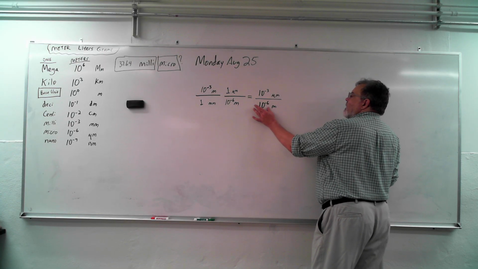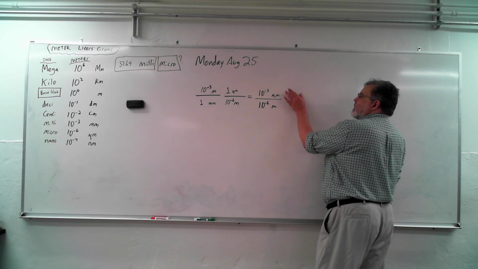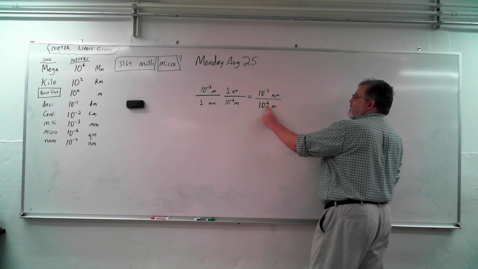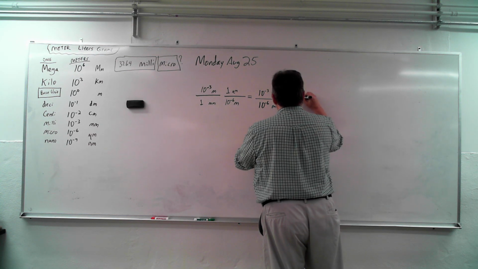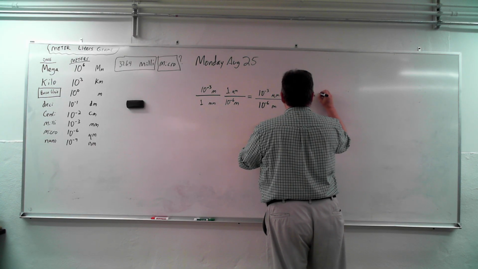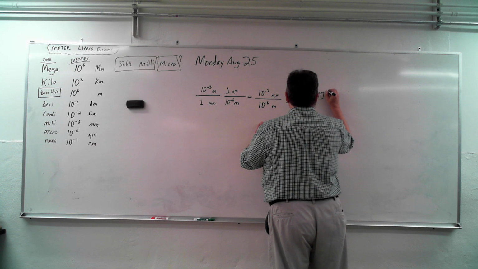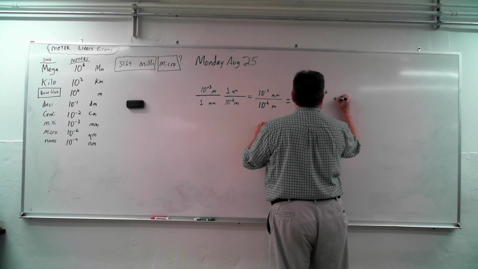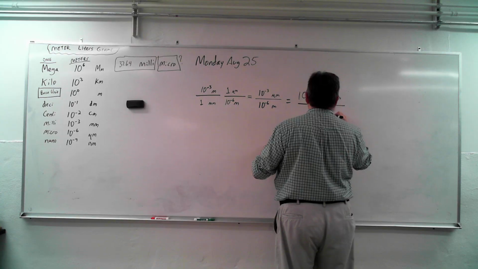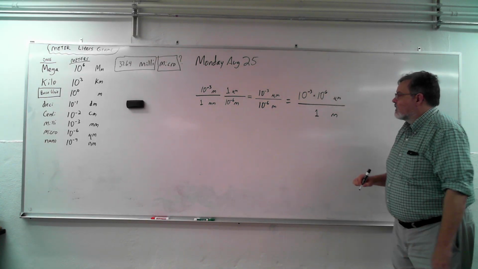If you're going to move a power of 10 up to the top, which is basically how we deal with these powers of 10, you change the sign. So I'm going to move that power of 10 up. And that's times 10 to the 6th. I've still got micrometers up there, and I've still got 1 meter down here.